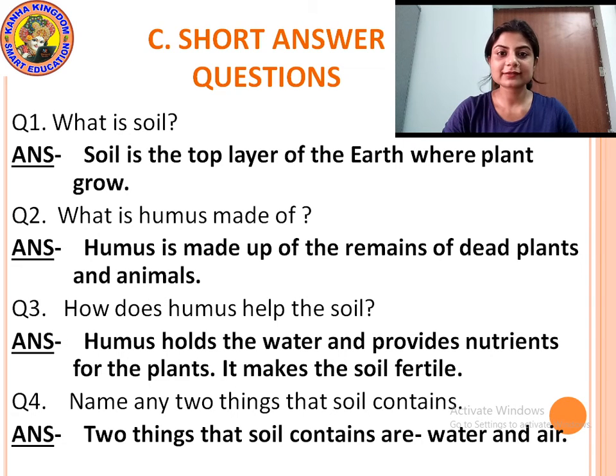So now students, it is short answer questions. Okay? Question number 1. What is soil? Answer. Soil is the top layer of the earth where plants grow. I repeat. Soil is the top layer of the earth where plants grow.